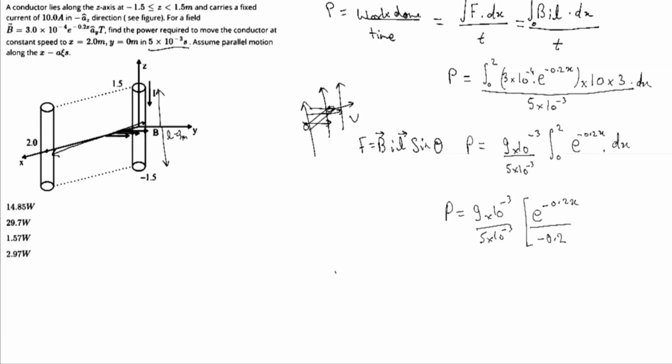We introduce the limit 0 to 2, so we get the value of P equal to 9, and in bracket we get e to the power minus 0.4, and minus minus gets plus 1.